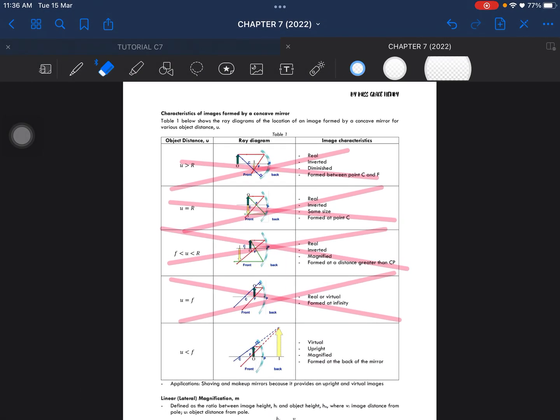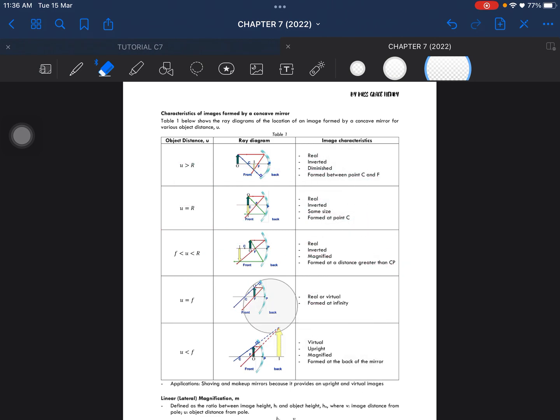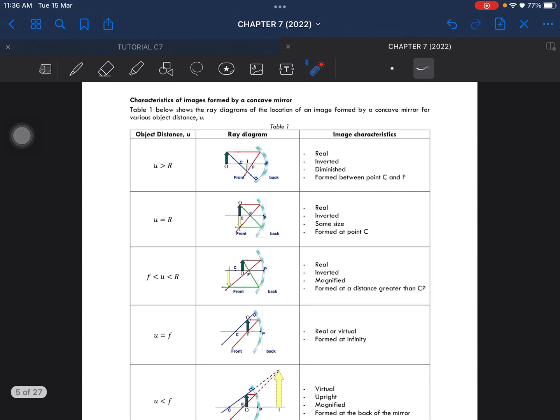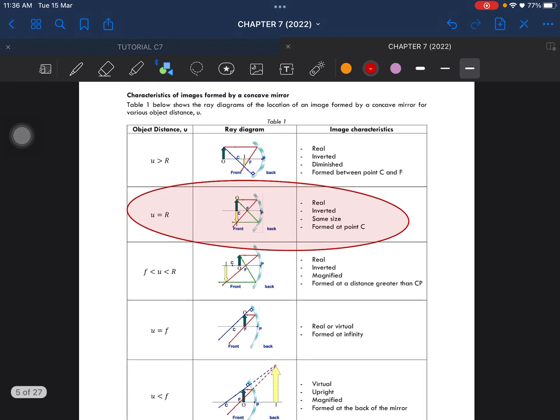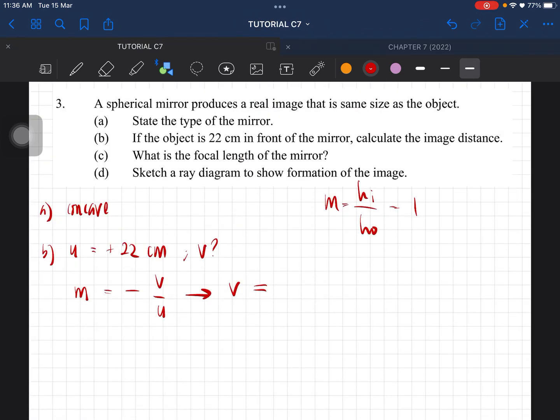So if you look at this, it will tell you which characteristics apply. It is on this, not that one. Same size, this one. So that situation is for this one here. Since the image will be inverted, the magnification value would be -1.